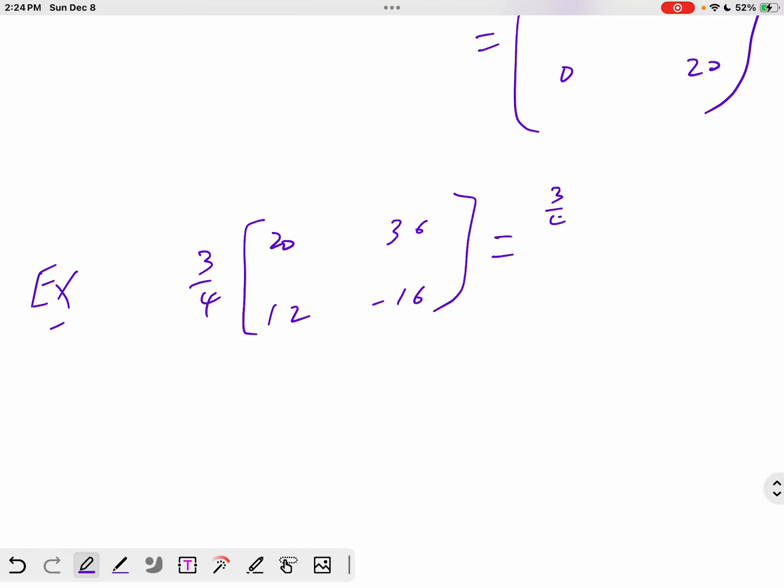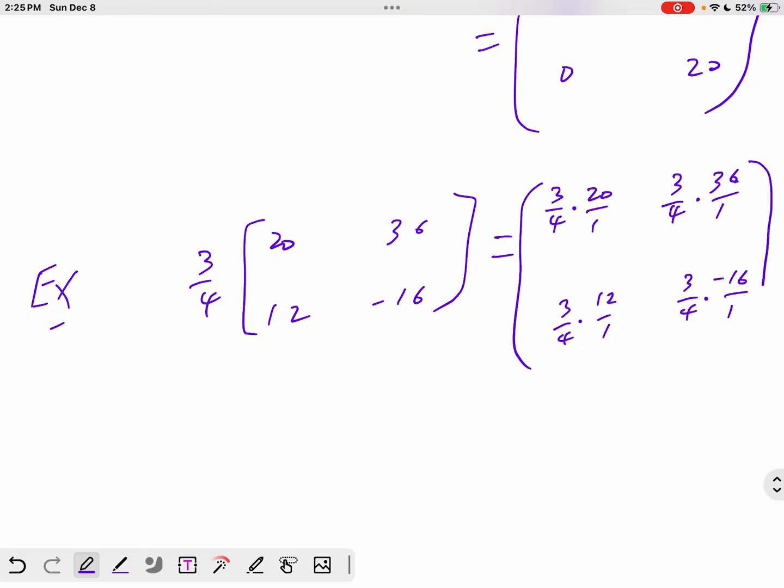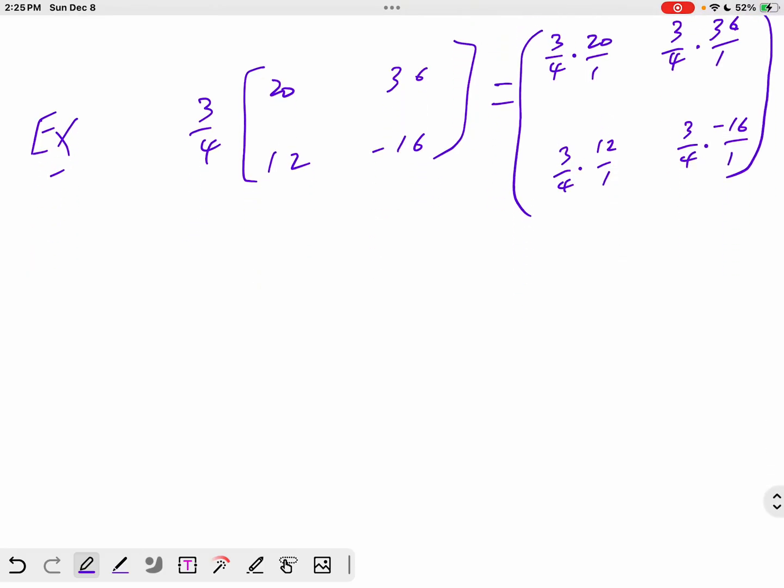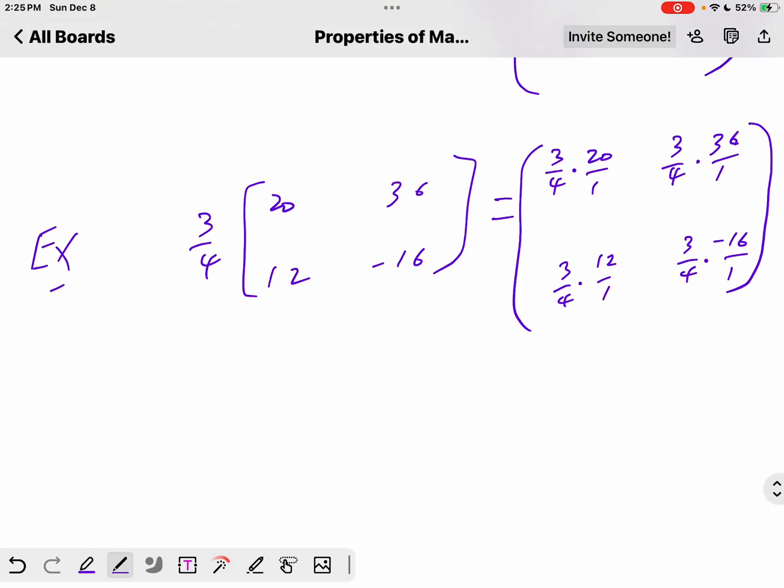This is the same as 3/4 times 20/1, and so on, so just multiply every single element by 3/4: 36/1, this one is 3/4 times 12/1, this one is 3/4 times -16/1. So we're multiplying every element by 3/4.